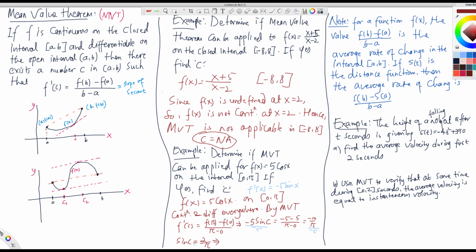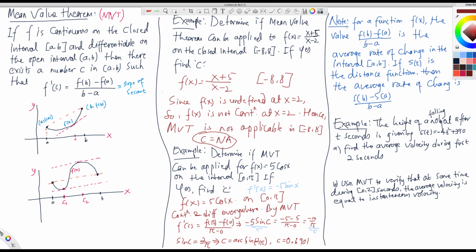You take the arc sine on both sides, right? So C equals arc sine, or you can say inverse sine, of 2 over pi. If I use a calculator, I will get C equals 0.69 and then 0.1. This is what I get.